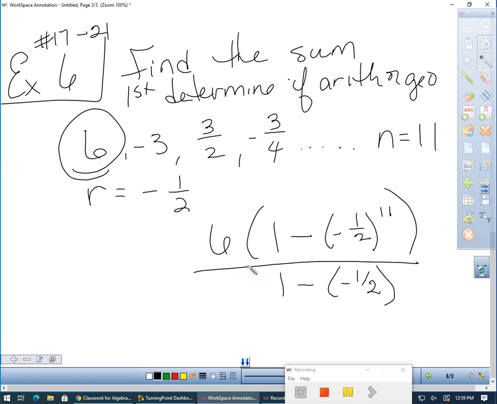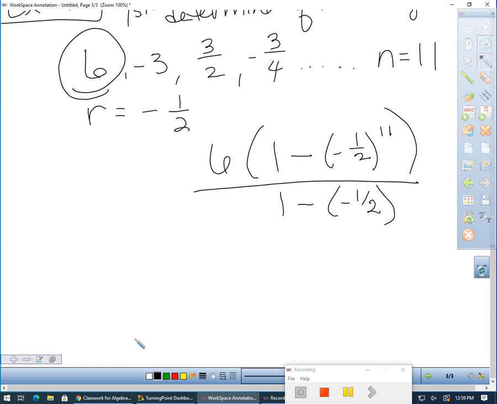If I were you, just type that in your calculator. Should get a decimal out. I got a total of 4.0019. See if you get the same thing. Make sure you have all the parentheses in the right place. It's up to you whether you type it in as a fraction or a decimal. Totally good either way.